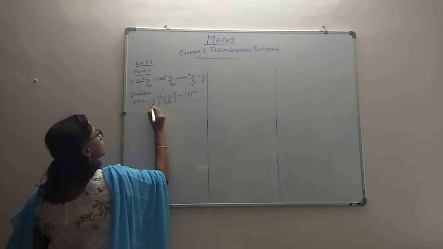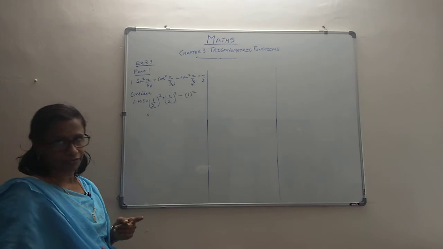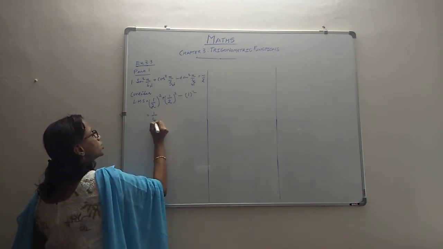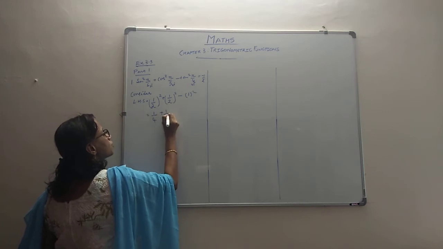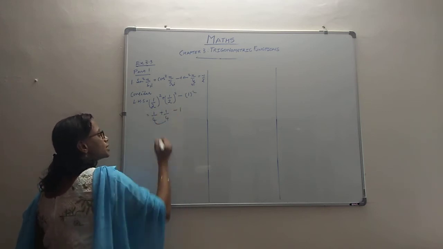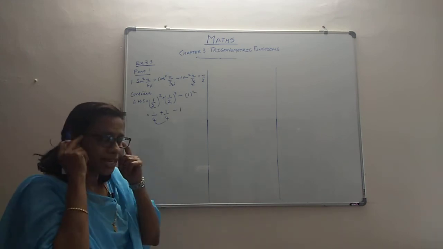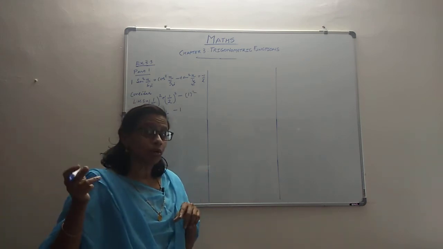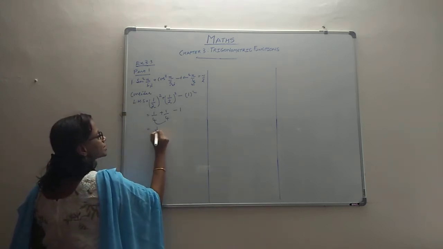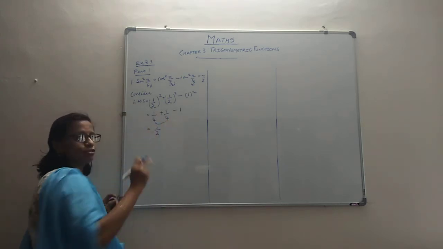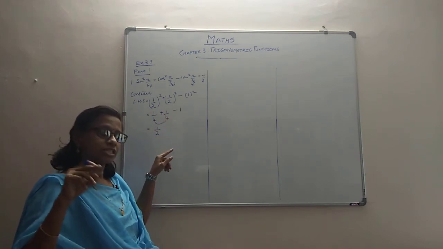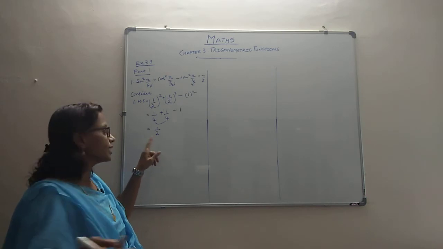Half into half is 1 by 4, and this also half into half is 1 by 4, minus 1. Because the denominators are the same, we can add the numerators. Otherwise, you can use your common sense that quarter plus quarter is half. Or with normal fractions, 1 plus 1, 2 by 4, which reduces to half.